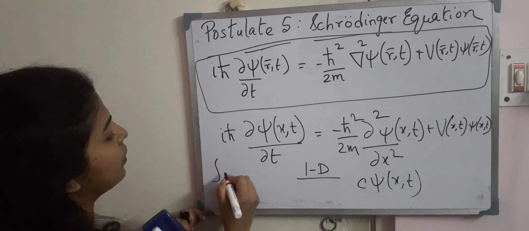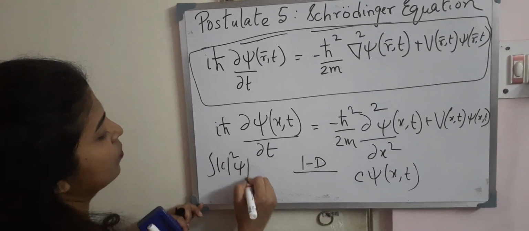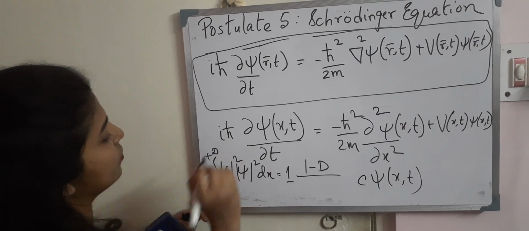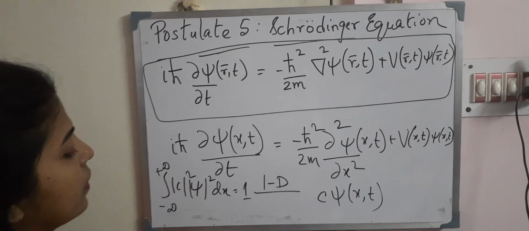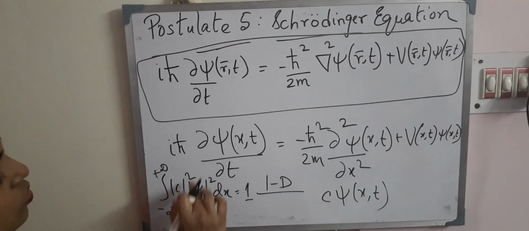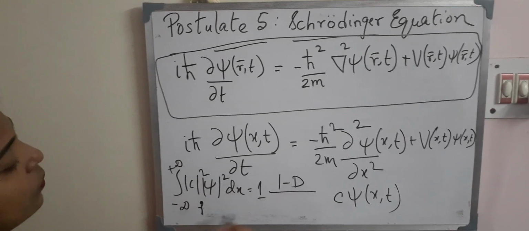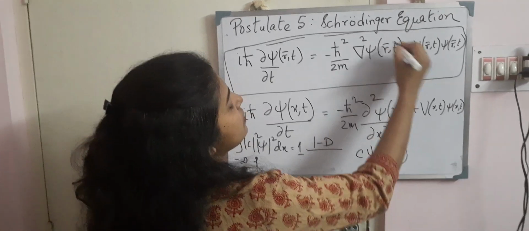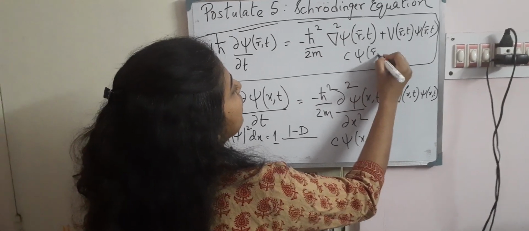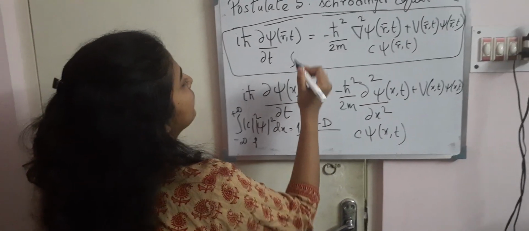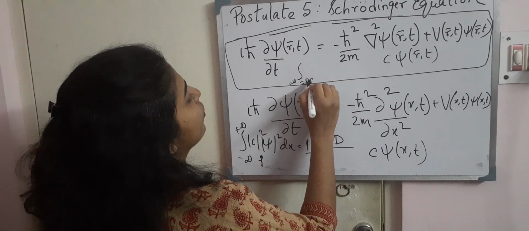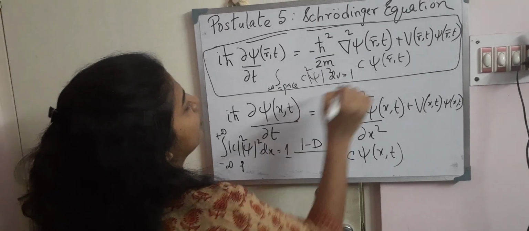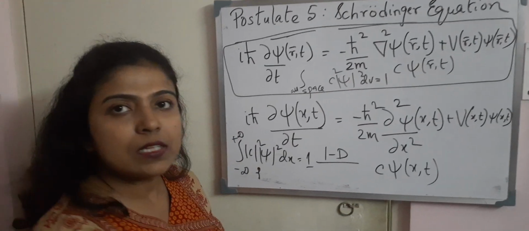The normalization condition is |c|² ∫|ψ|² dx from minus infinity to plus infinity equal to 1. So once you know ψ, you can find c from this equation. Same thing here: if ψ(r,t) is a solution, then cψ(r,t) is also a solution, and you again apply the normalization condition, integrating over all space, so that |c|² ∫|ψ|² dV equals 1. Once you know ψ, you can find this c.